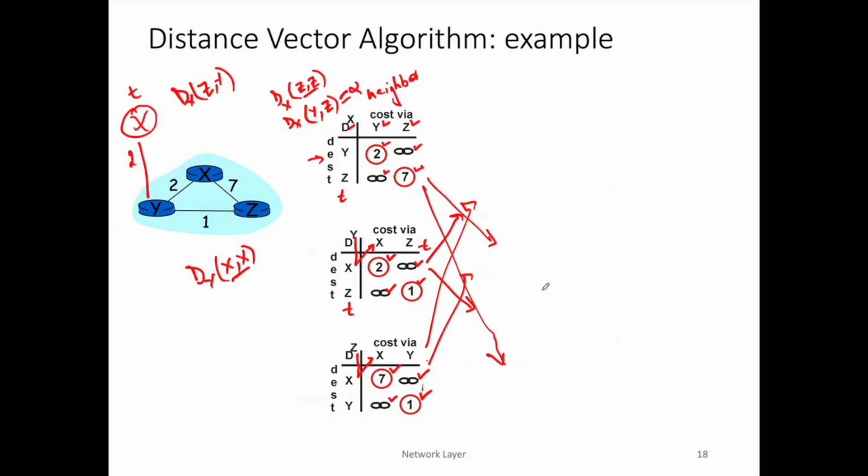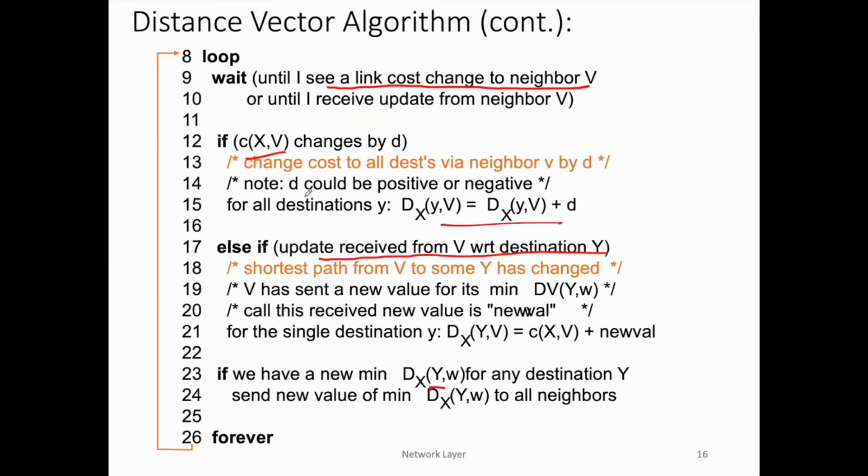So again, if I go back to the algorithm, we see that in the loop, we wait for two things to happen. Number one, to see a link cost change to a neighbor V, but this is not the case that we are discussing at the moment. But yes, there is an update from neighbor V to some destinations.